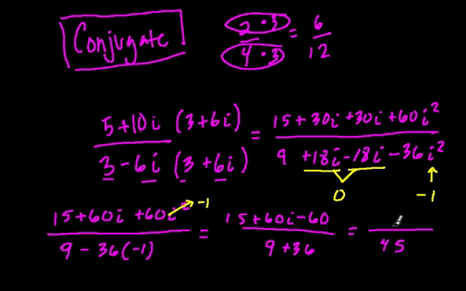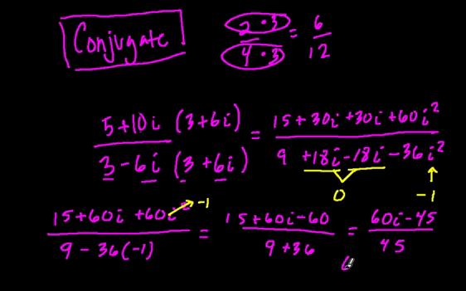9 plus 36 is 45. And in our numerator, we can combine 15 and then minus 60, which is negative 45. So we have 60i minus 45, I believe. Right, because 15 minus 60, well, 15 minus 15 is 0, and then minus another 45 left, so it's negative 45. And we could stop here, but it would make more sense to keep going and simplifying this.